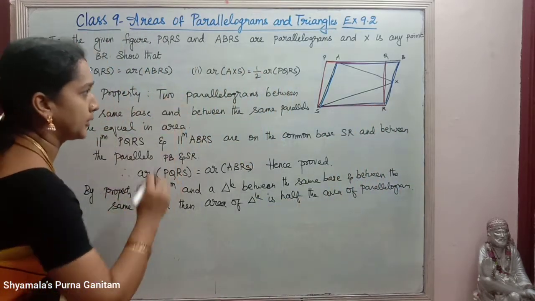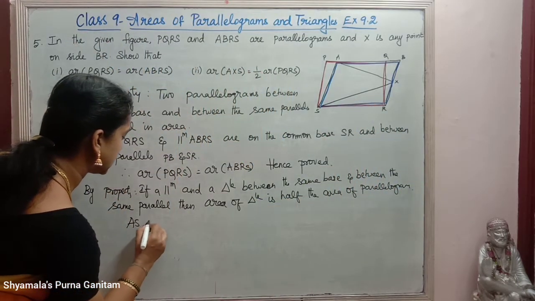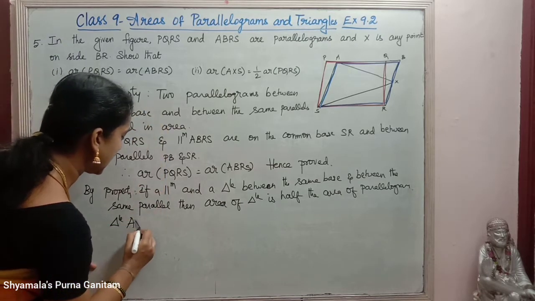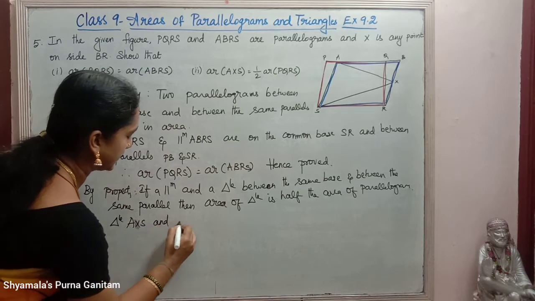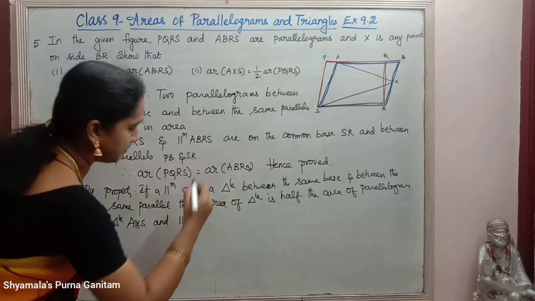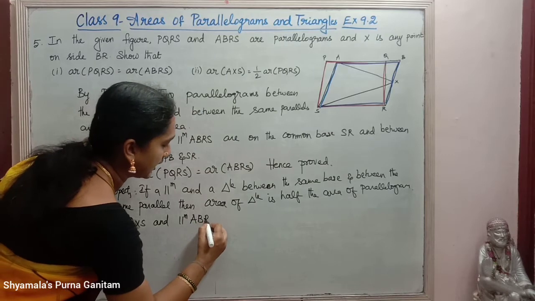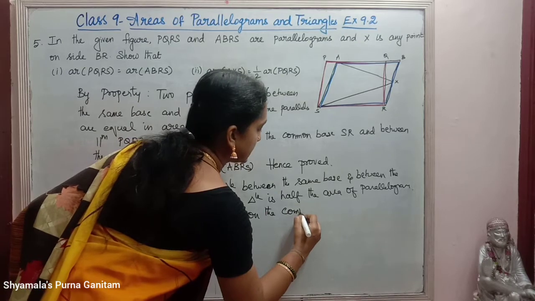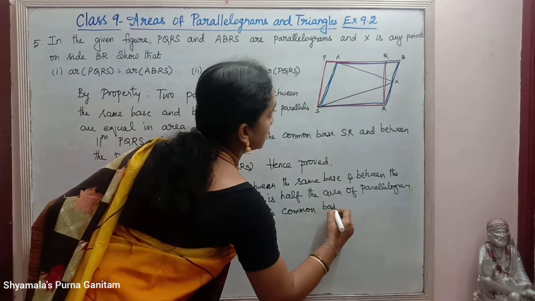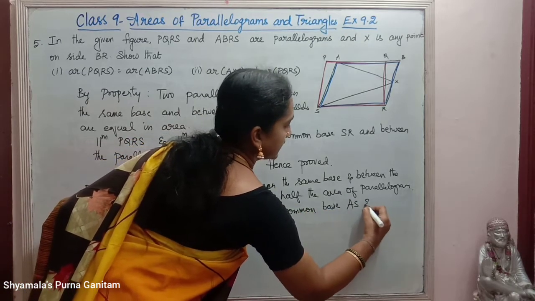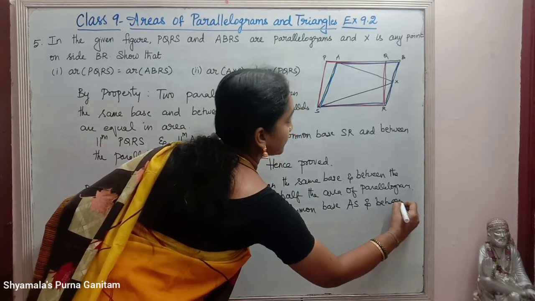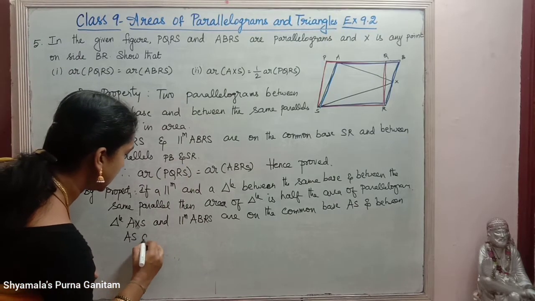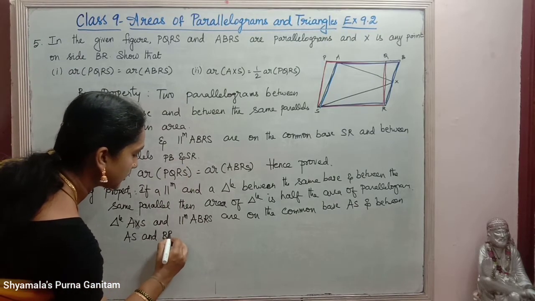So the common base is AS. Triangle AXS and parallelogram ABRS are on the common base AS and between the parallels AS and BR.